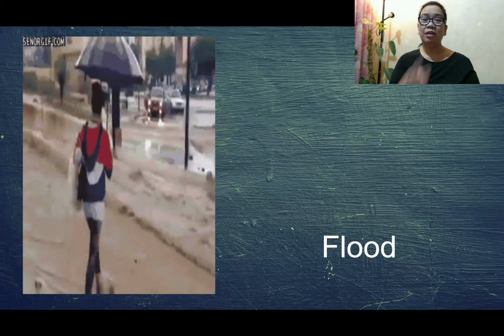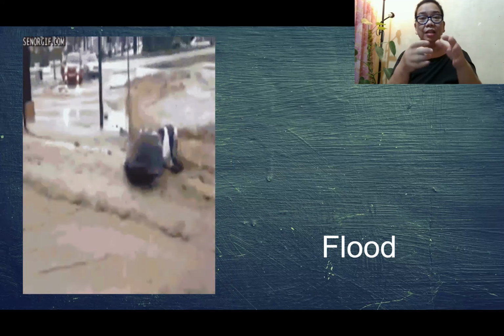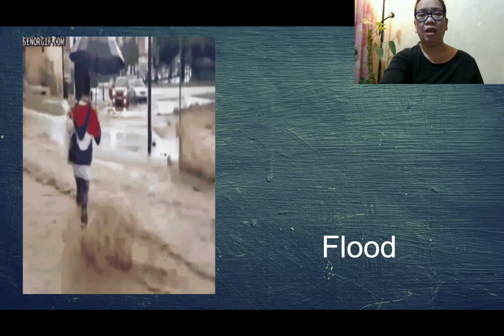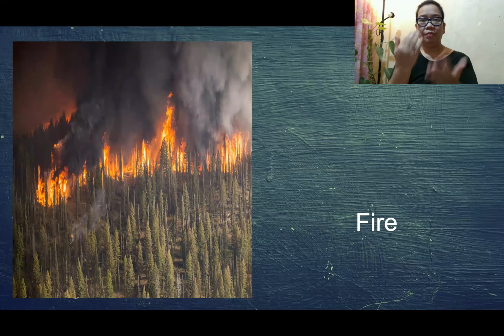Next is the flood. Flood happens sometimes after the earthquake. And also the fire.